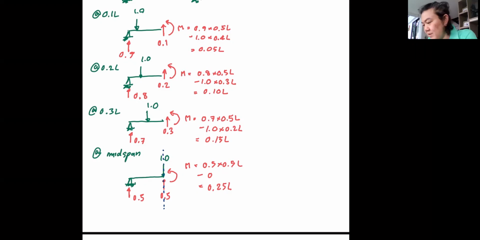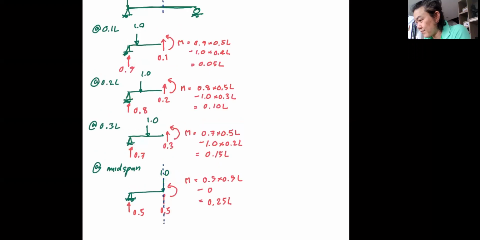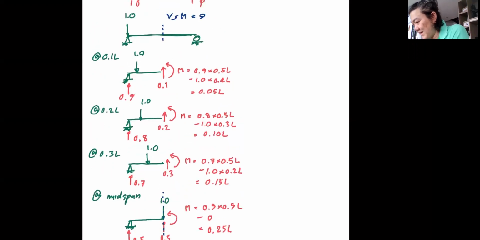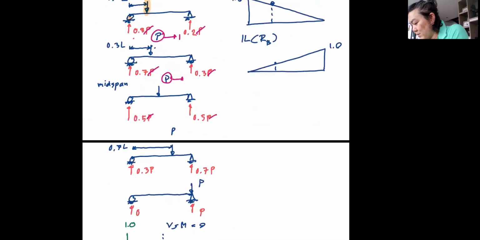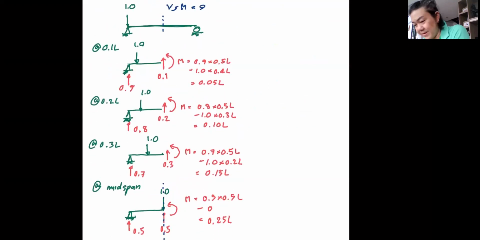Okay, so let's try to plot the influence line. I used the blue, but this is green, so let's use the green. Okay, so the next is the influence line of the shear at midspan. All right.